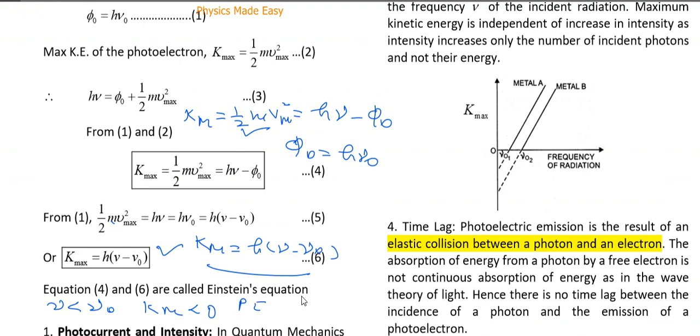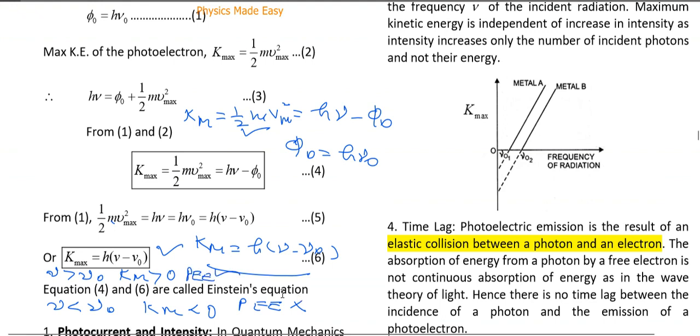This means photoelectric effect does not take place. The other case: if nu is larger than threshold frequency nu naught, then K max is larger than 0, which is possible, and photoelectric effect takes place.